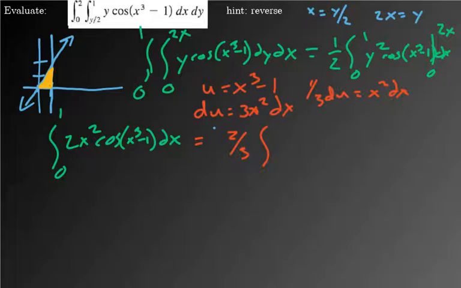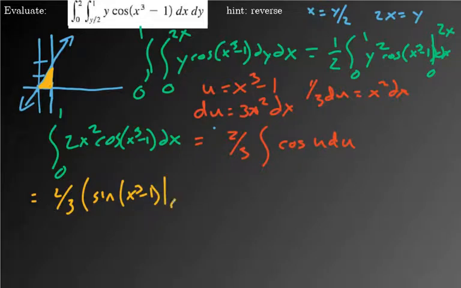And then I just simplify all this to just cosine u. So I'm going to take the integral of cosine u du, and that's going to be 2/3 sine u, but u is x cubed minus 1, and then we go from 0 to 1 in x. So I get 2/3 times, well, 1 minus 1 is 0, so I don't need to worry about that, and I really just have minus sine of negative 1.